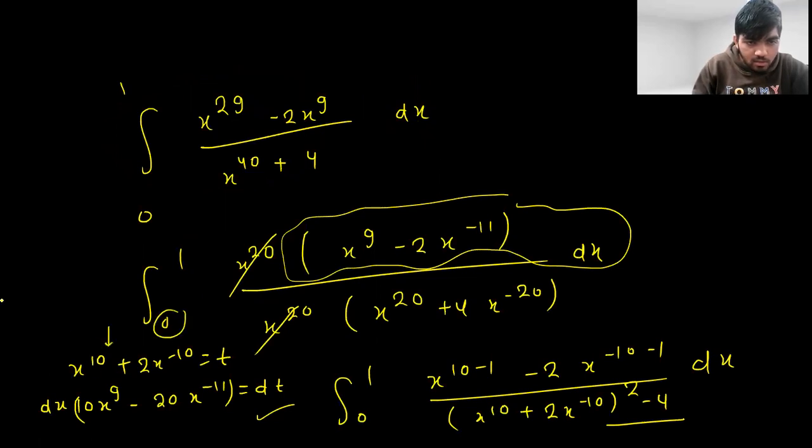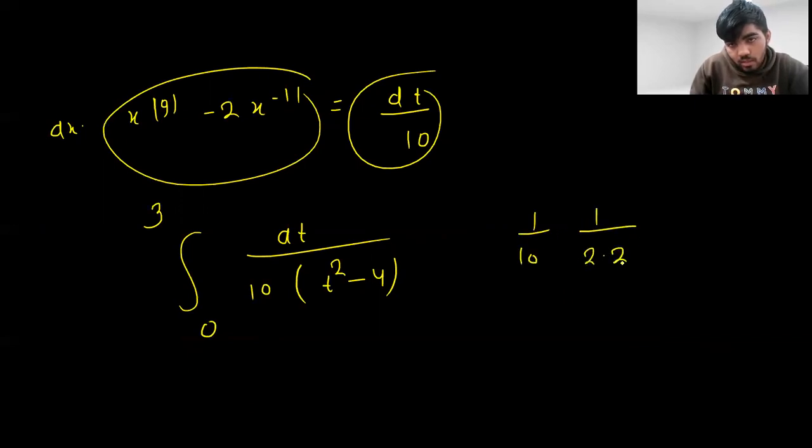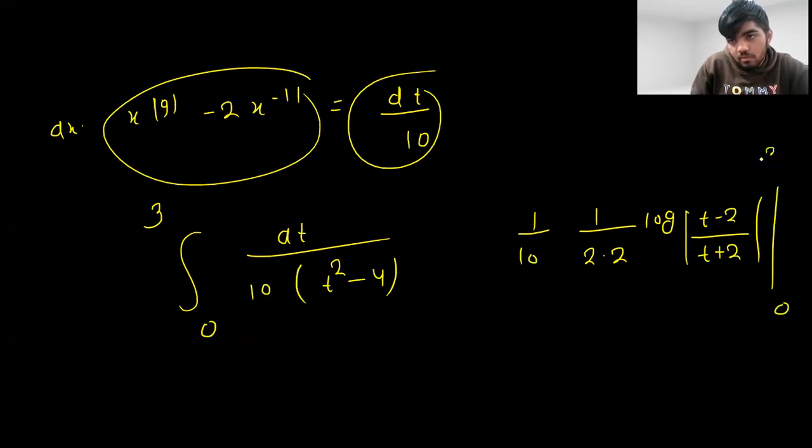Now the limit will change. If you put x equal to 0, the value of t will also come 0, and for x equal to 1, the value of t will be 3. So from 0 to 3, this will become 1 upon 2a log of (t minus 2) divided by (t plus 2), and you have to put the limit from 0 to 3.